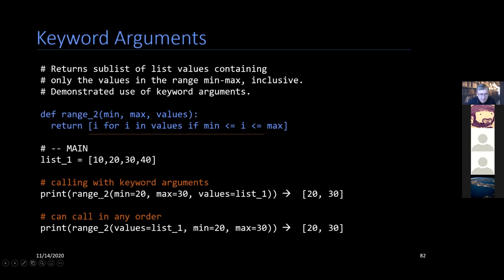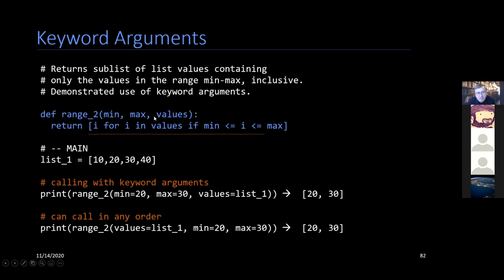So now I'm calling range2, and I'm saying min is 20, max is 30, and values is equal to list1. Or I can say, I'm going to give you values first. Values is going to be passed as list1, min is 20, max is 30. Even though this is not the right order, because I'm using these keywords, it will match up with what I give it.